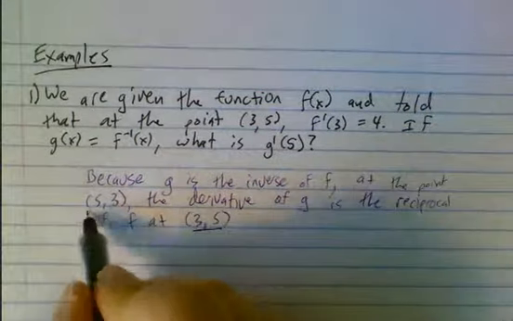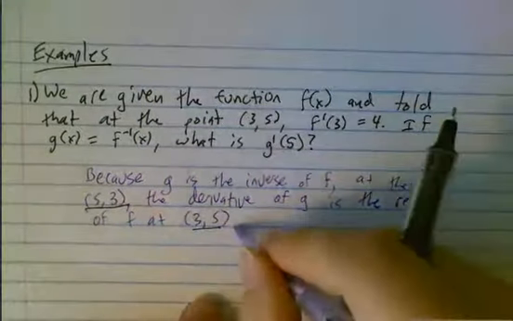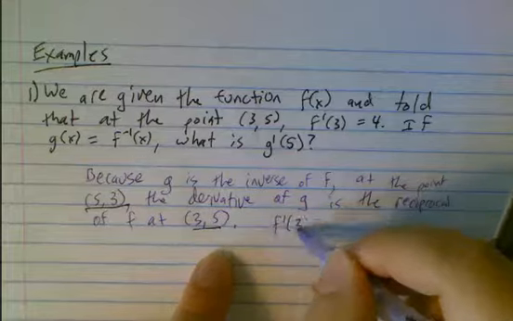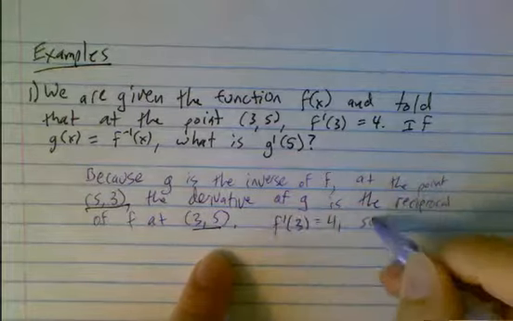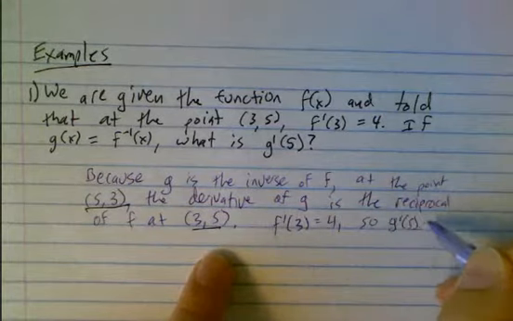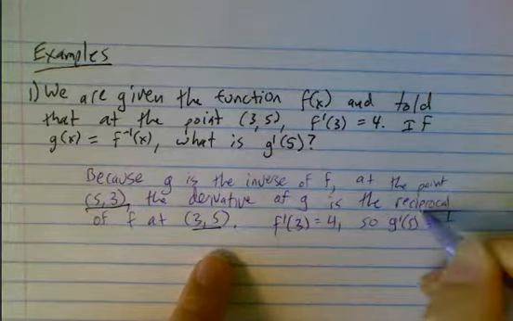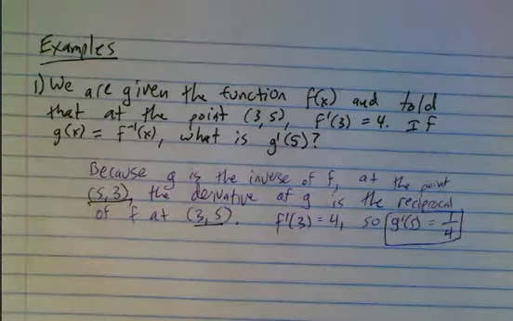Notice this versus that, they're reversed. We're told f prime of 3 equals 4, so g prime of 5 is the reciprocal of that.